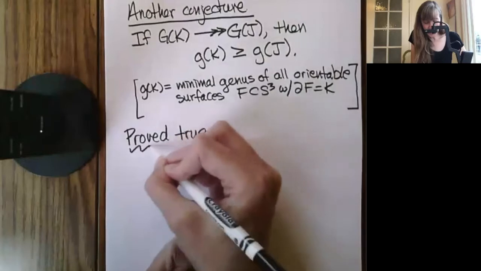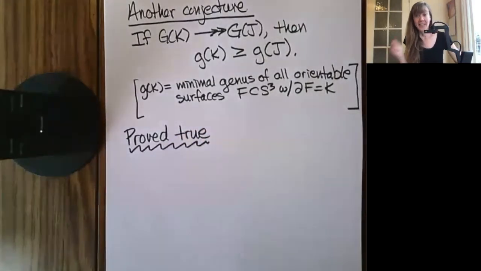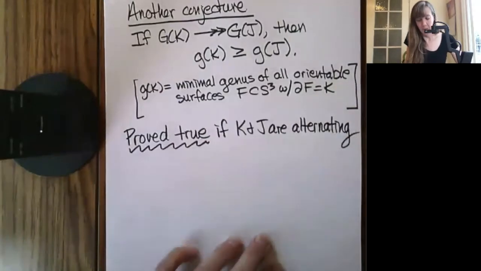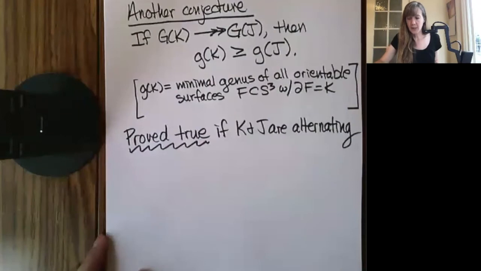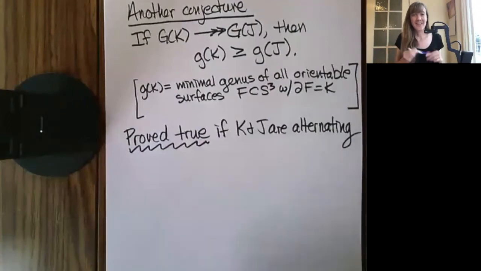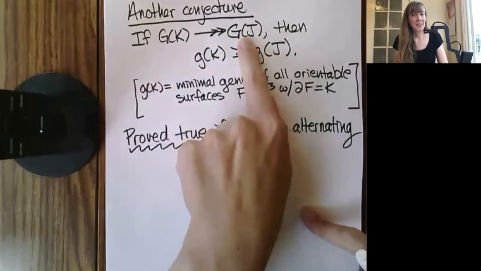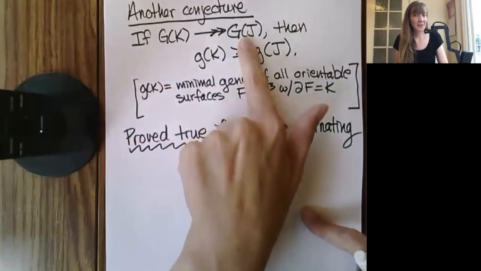All right, so this conjecture was proved true in the special case when K and J are both alternating. And this actually doesn't take a ton of work. You can just think it through with me for a few seconds. If you have this relationship, the Alexander polynomials have a special relationship.